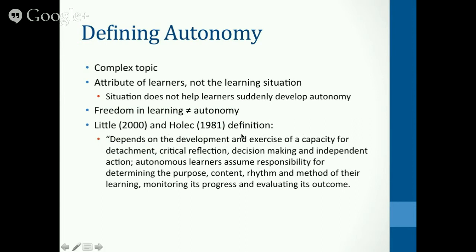They have to start off by having a capacity for autonomous learning. They have to be able to reflect critically, make decisions, and work independently, and this will all come out in their ability to assume responsibility in their learning, so they can actually determine how they go about learning.